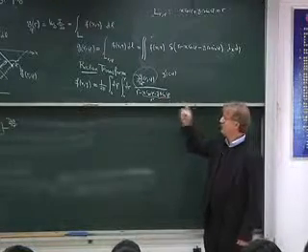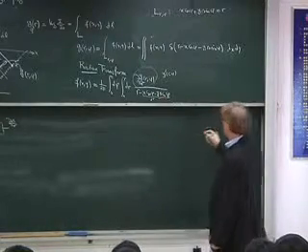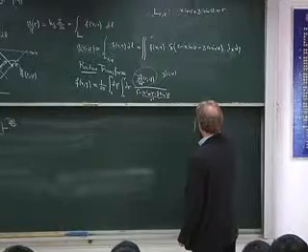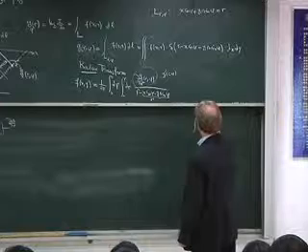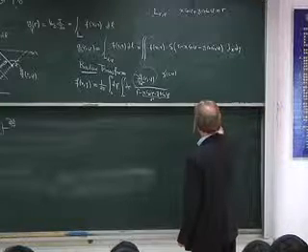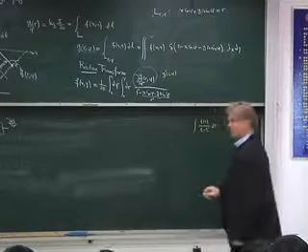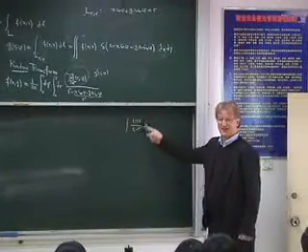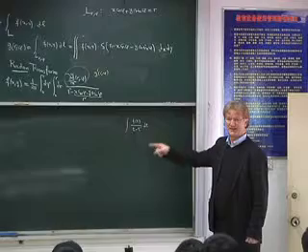But let me write here the integral of f of t over t minus t prime dt. Can somebody tell me what this is?